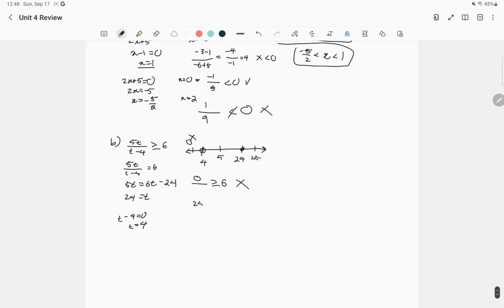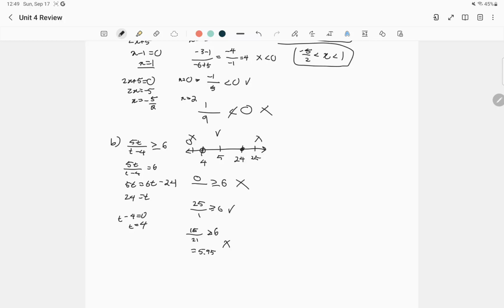What about 5? It's going to give us 25 over 1, which is greater than 6, so this middle interval works. And what about 25? We have 125 on top over 21, and if we check our calculator, is it greater than or equal to 6? 125 divided by 21 is equal to 5.95, which does not work.